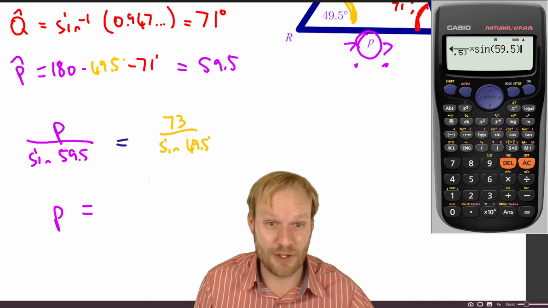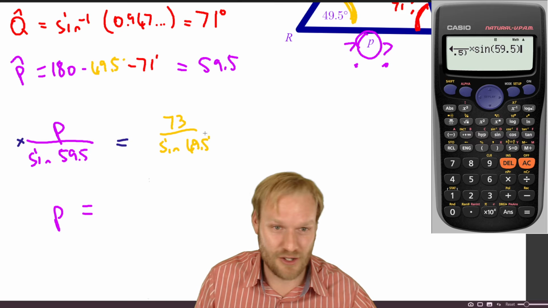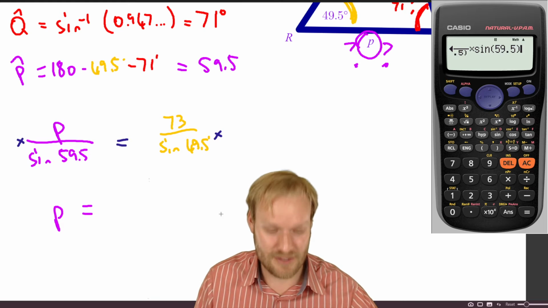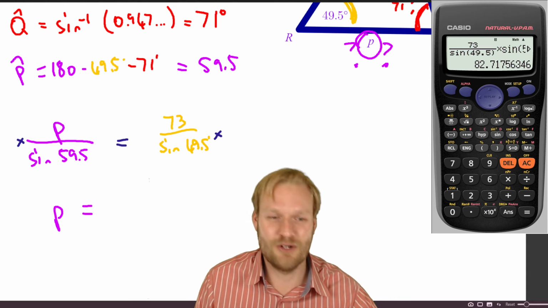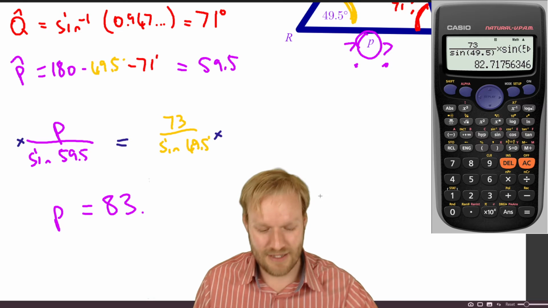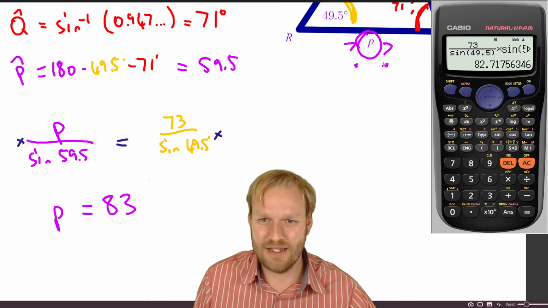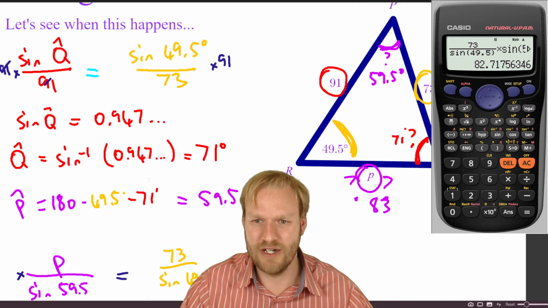We just multiplied both sides of our equation by that denominator. And we get 82.7, let's call it 83, to keep our lives easy. So that's 83, and there's our triangle.